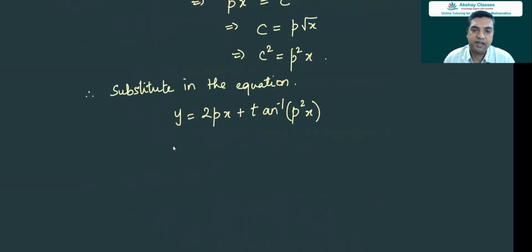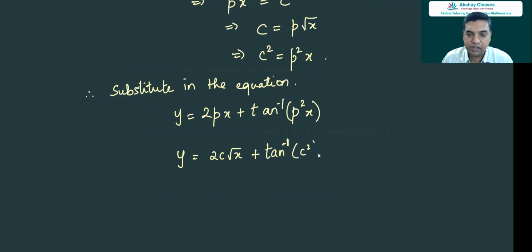So what we get here, so y is, p you can write as c upon root x. So you get 2c root x. And this is tan inverse of p square x, which is c square.